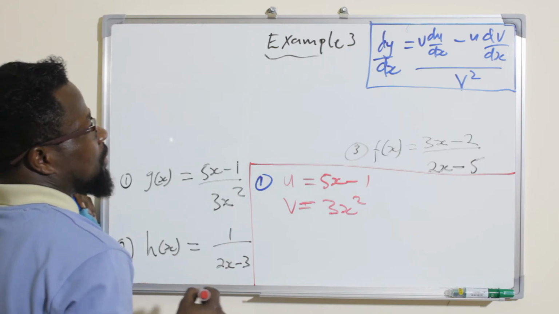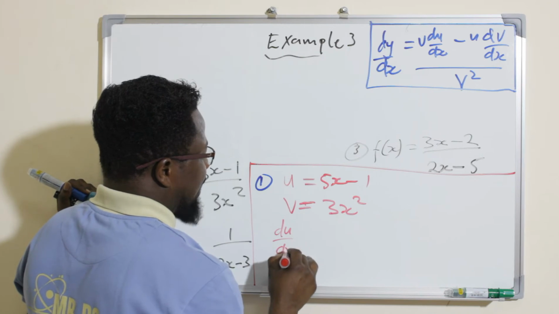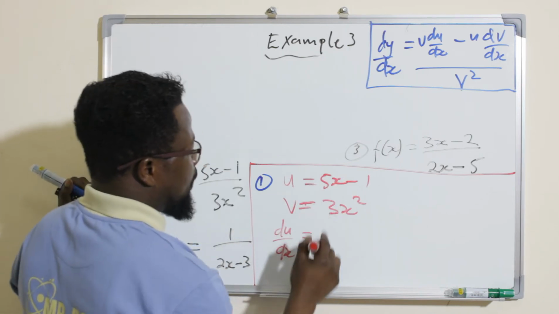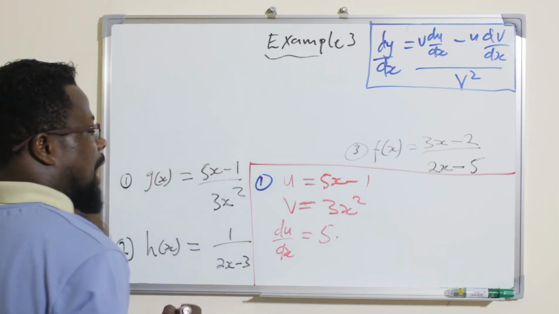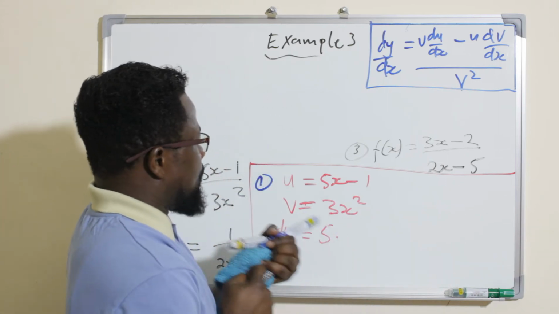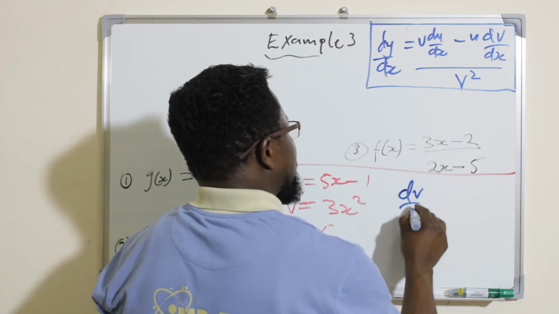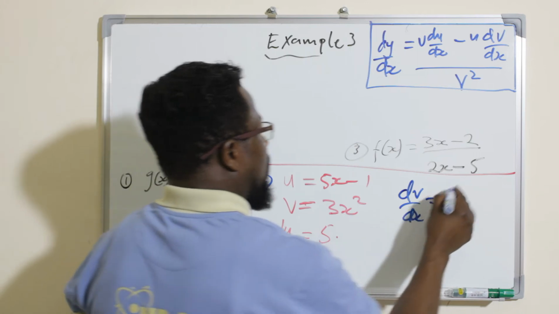Let's find du/dx. du/dx is now going to be 5. And now let's find dv/dx. So the dv/dx is now going to be 6x.